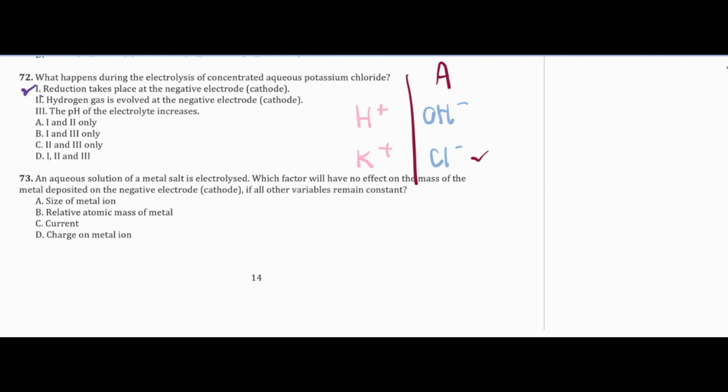If it had been a dilute solution, then it would have been the hydroxyl. At the cathode here, we pick the less reactive, so that would be the hydrogen ion, which means 2 is correct, because this hydrogen ion will be reduced at the cathode and evolve into hydrogen gas. The pH of the electrolyte increases, because we're getting rid of these hydrogen ions, so we're getting less acidic. So that's D.